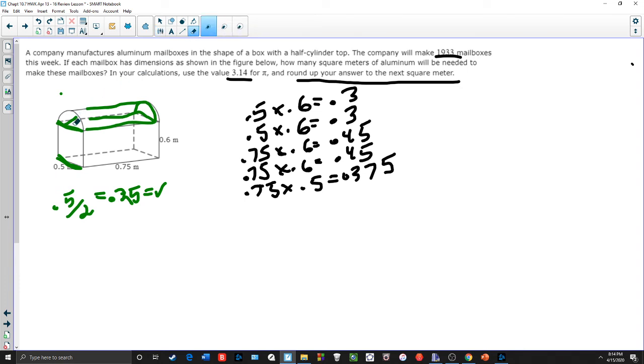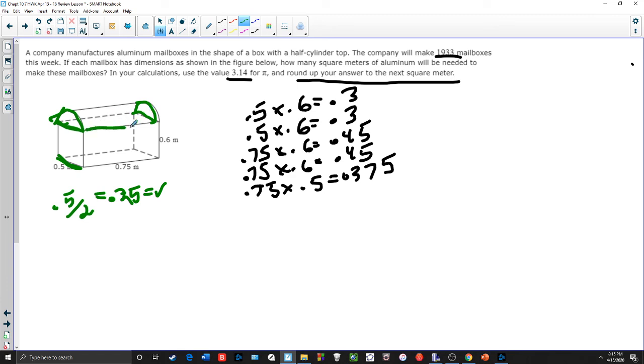Now, I also need the height of this half cylinder, because without the height, I don't have my 2 pi RH. The height of a cylinder is the line that connects the two circles, or in this case, the two half circles. So there's my half circle at the end, and here's my half circle at the front. I'm looking for the line that connects these two half circles.